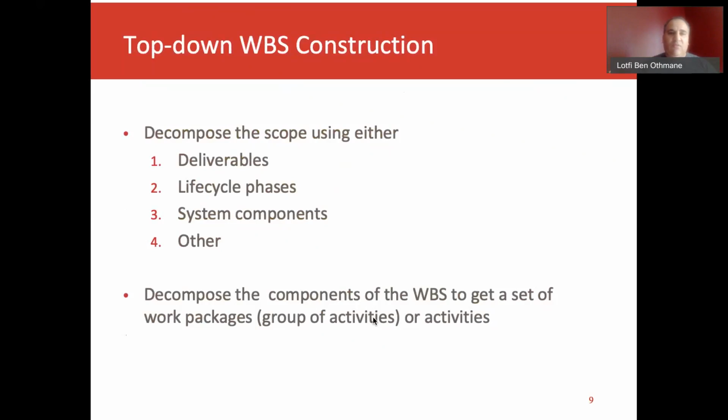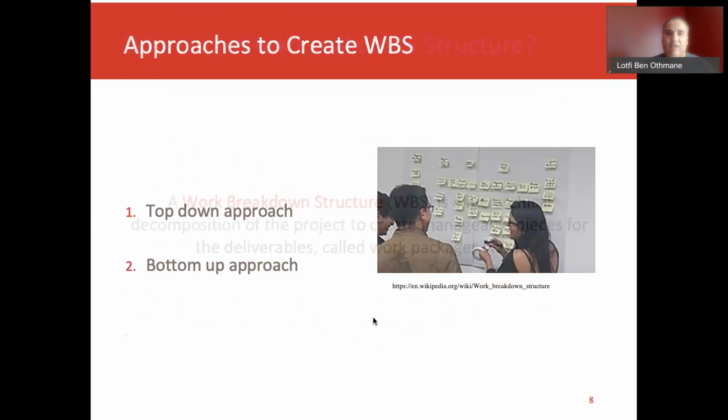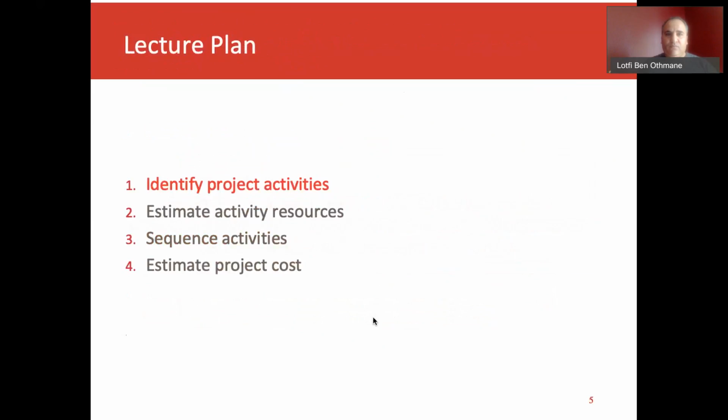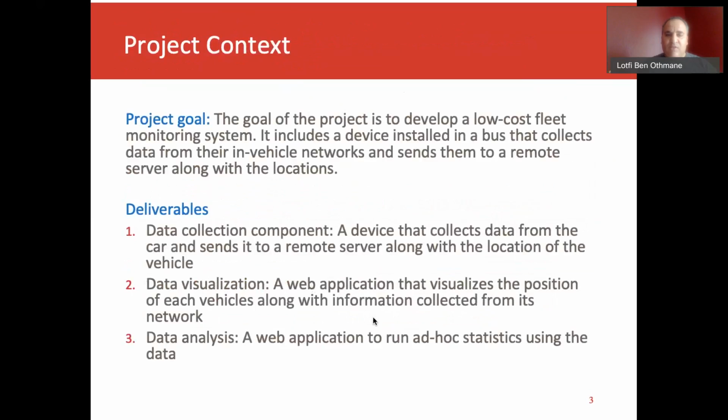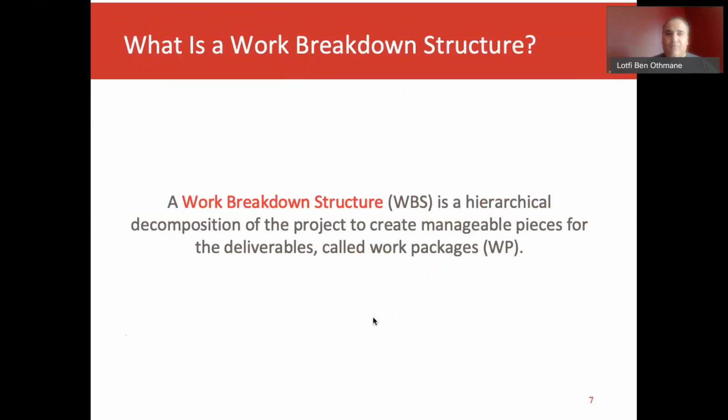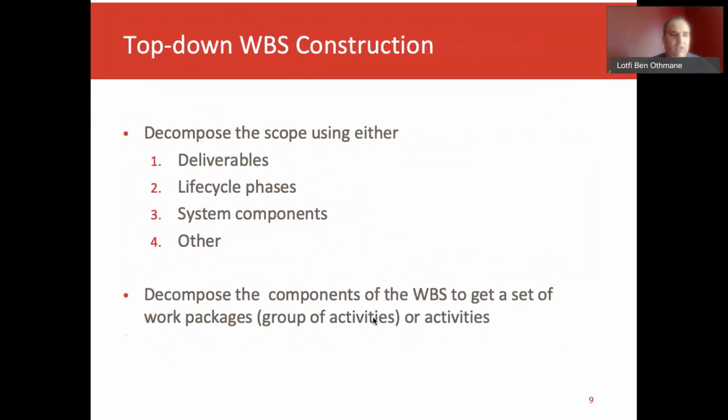If we take our first example, we have 3 deliverables: deliverable 1, data collection component; deliverable 2, data visualization; and deliverable 3, data analysis, right? So that is one way to decompose the system at level 2.